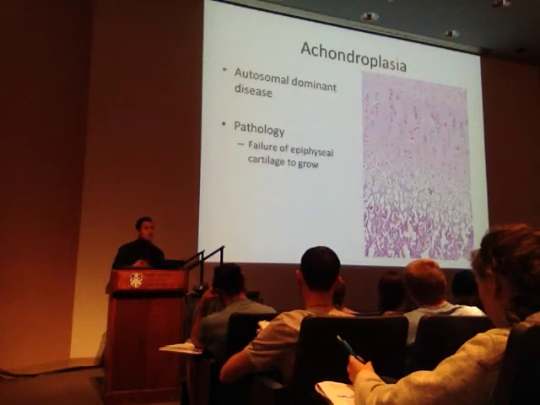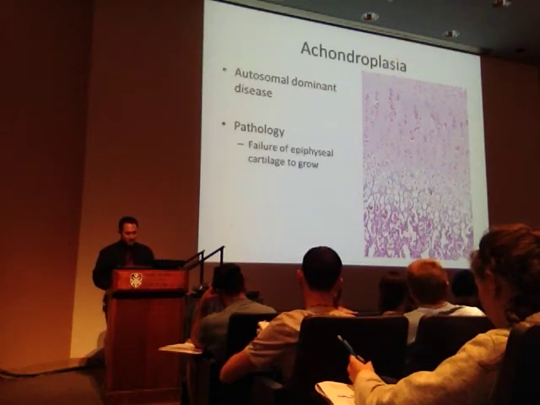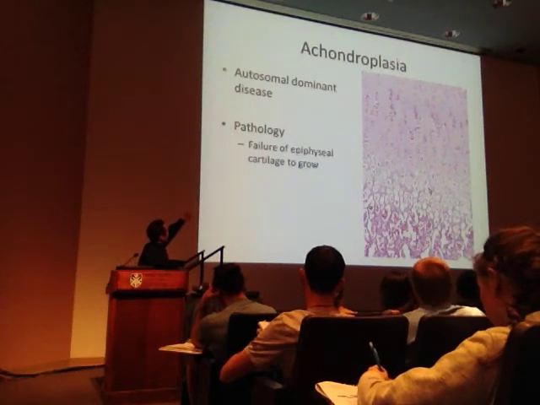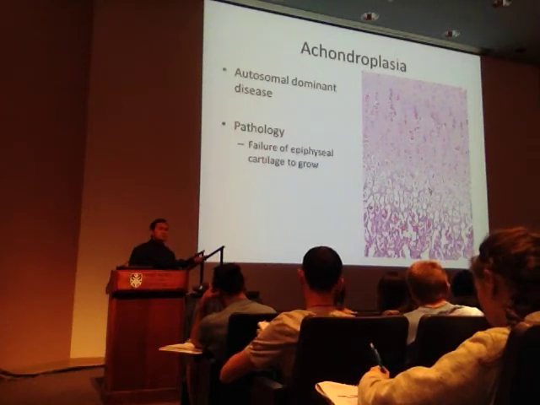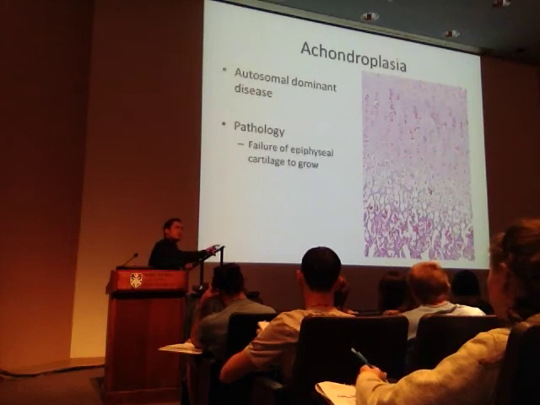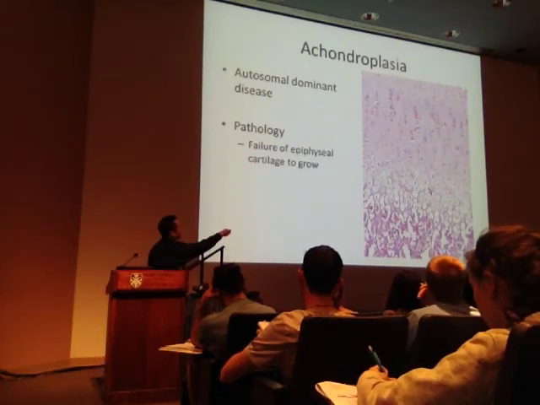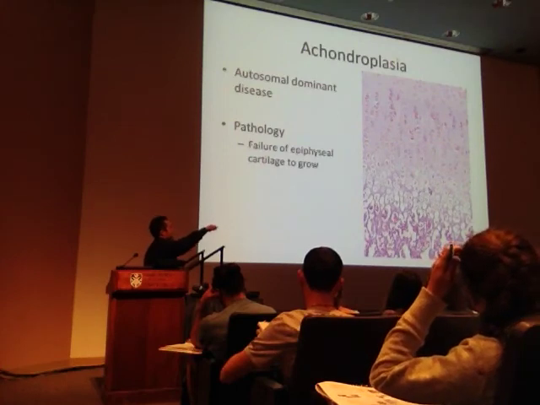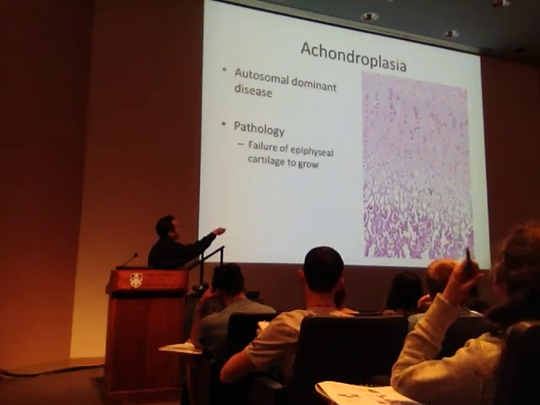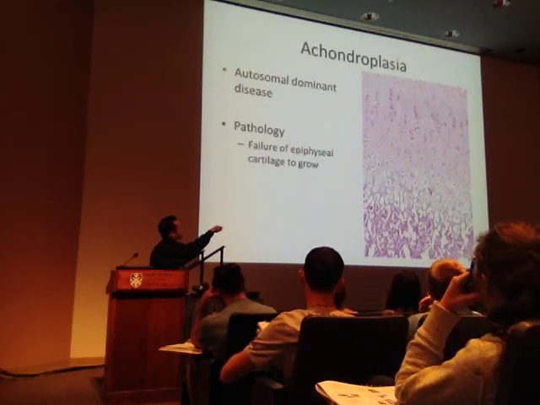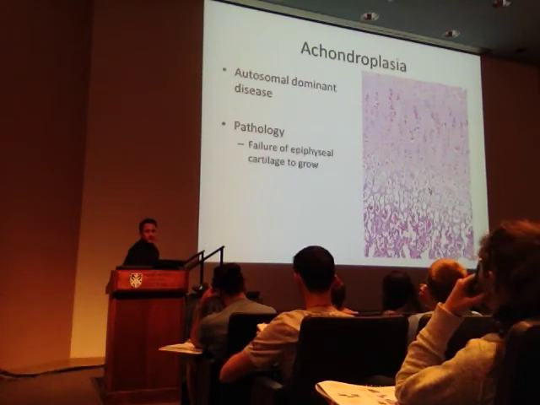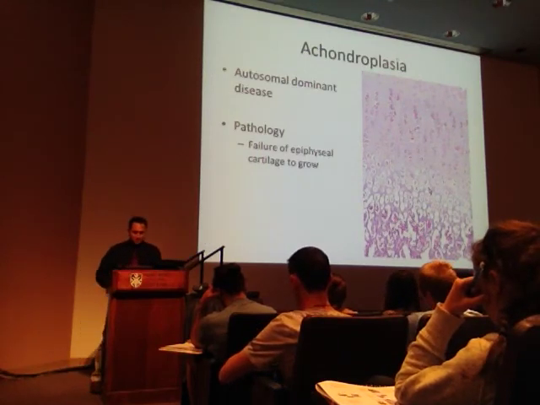Make sense? This happens in the long bones, primarily. So there's a failure of epiphyseal cartilage to grow, so you don't have the template to form bone. That's why I'm showing a picture of that growth plate right here, where you've got bone on the bottom and cartilage up top. You don't proliferate the cartilage as aggressively in achondroplastic dwarfism.